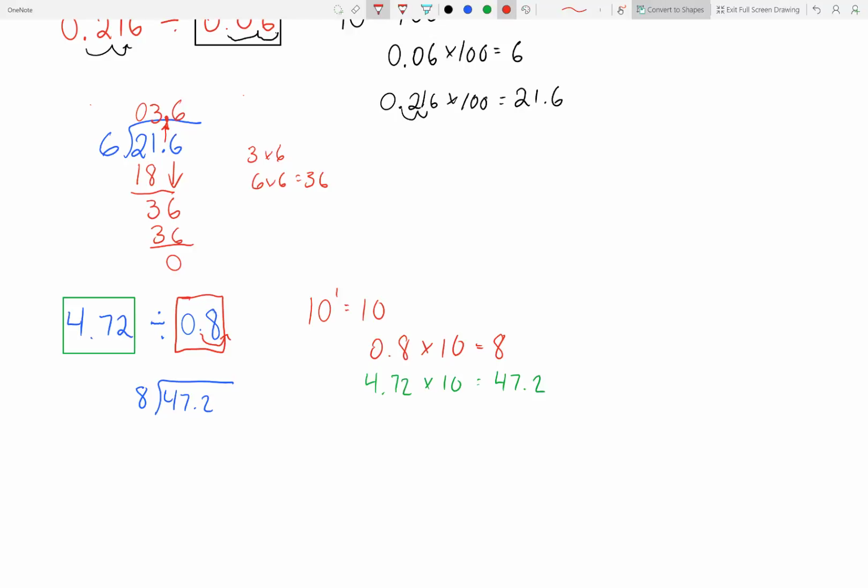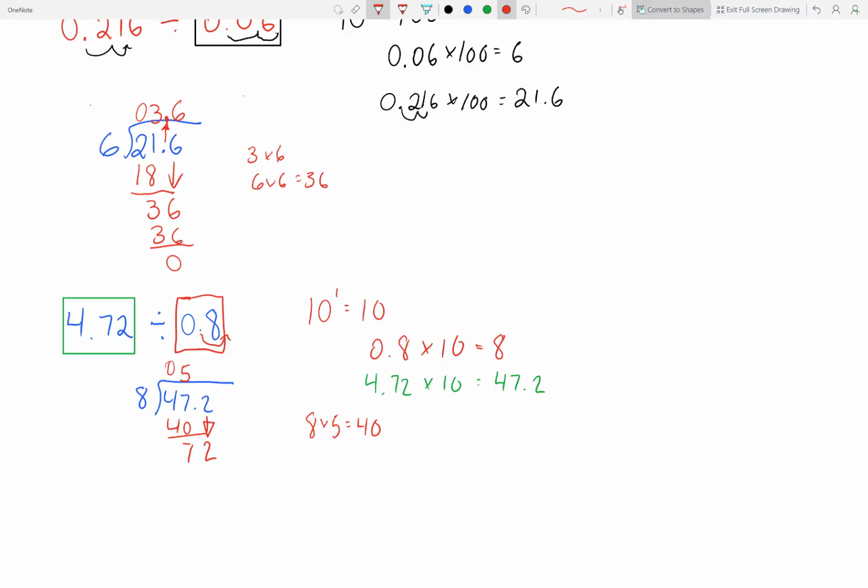How many 8s go into 4? 0. How many 8s go into 47? Well, I know 8 times 6 is 48, so it must be 8 times 5, which is 40. So a 5 will go here, 40. 47 take away 40 is 7. Bring down the 2.